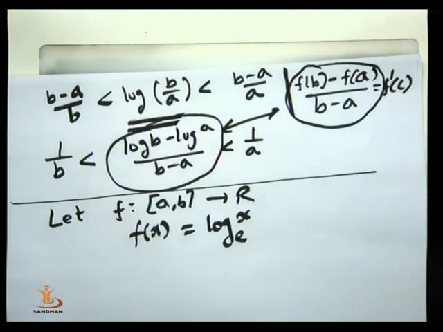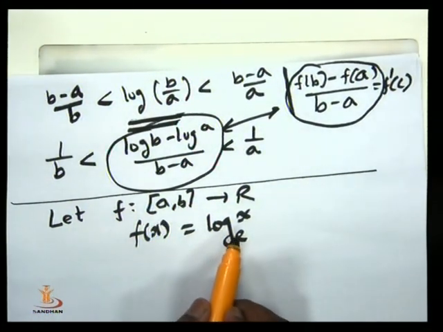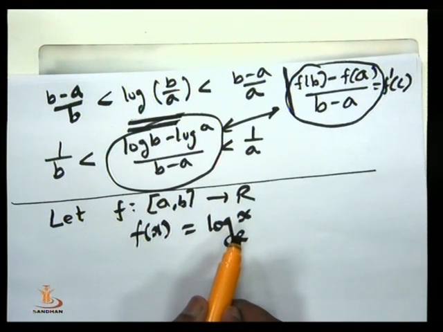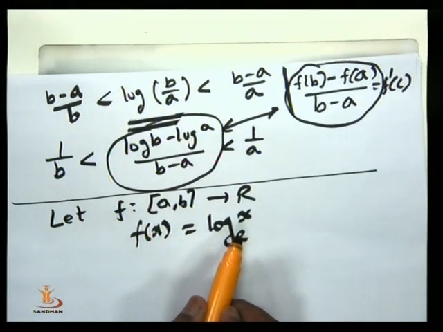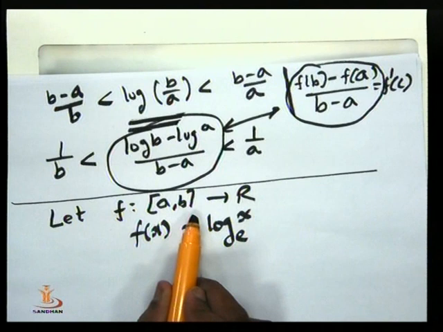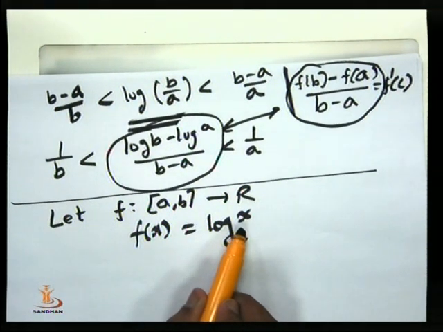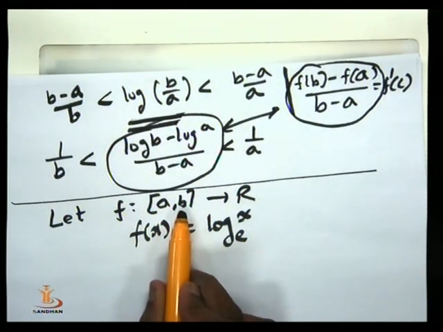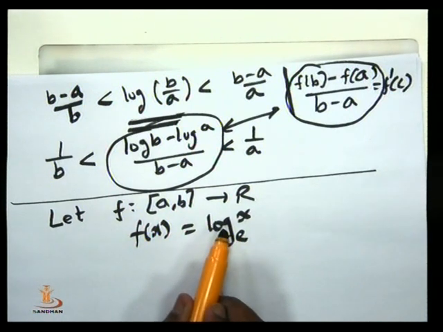Now this function, as you know, it is log function and it is continuous and differentiable on its domain. Here a and b are positive, so it is also continuous on closed interval a b and differentiable on open interval a b.